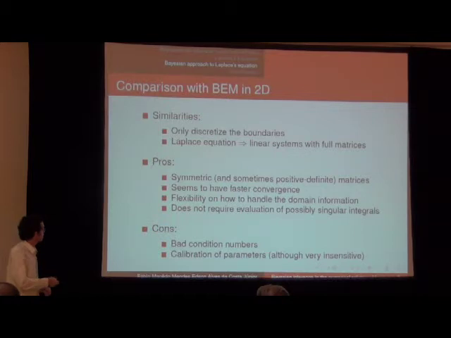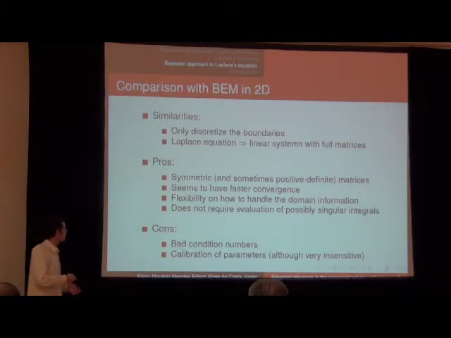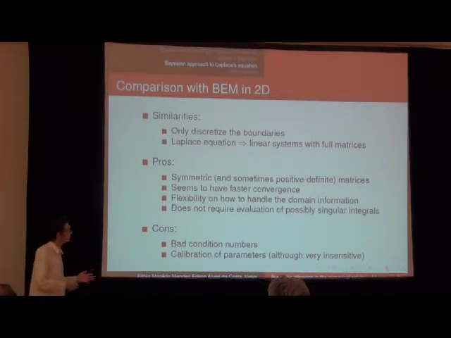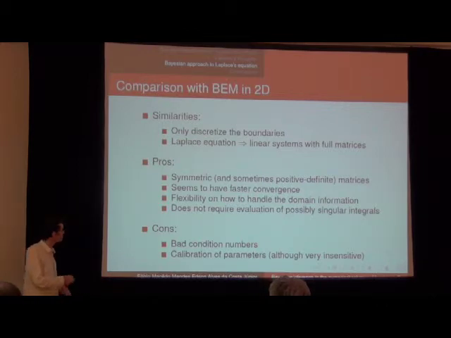And finally, the bad thing about this method is basically the condition numbers. You also have to calibrate the parameters of your covariance function, but it seems that the method is very insensitive to this calibration. That is, you can change the parameters a lot and it will not affect the outcome very much.